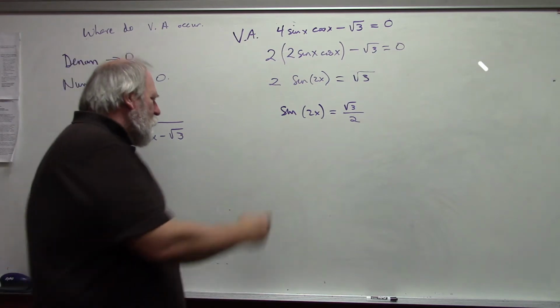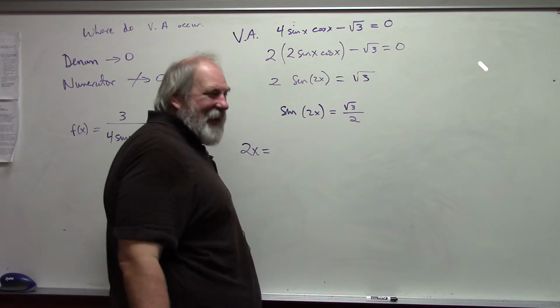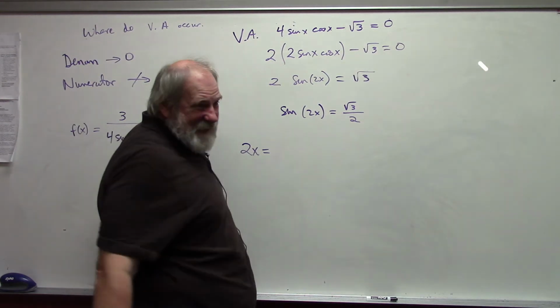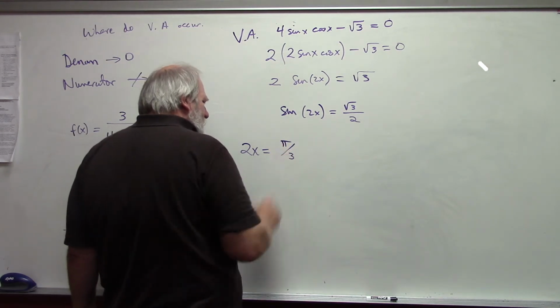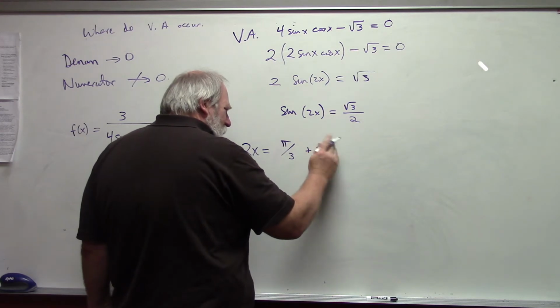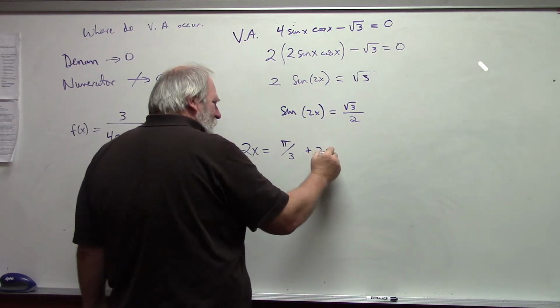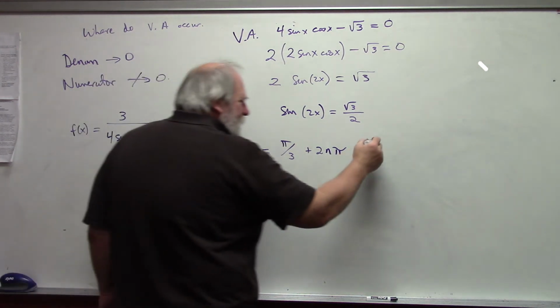Therefore, 2x would equal, sine is positive in the first and second quadrants. This would be pi over 3 plus 2n pi. This is all the times that it occurs in the first quadrant.